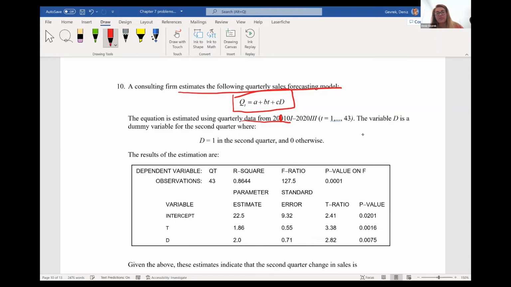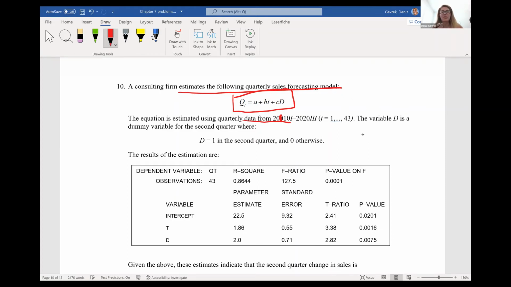The variable D is a dummy variable for the second quarter. So in the second quarter, there's something happening, probably seasonally, and they're adjusting for that. For instance, ice cream consumption goes up during summer. Sunscreen consumption goes up during summer.